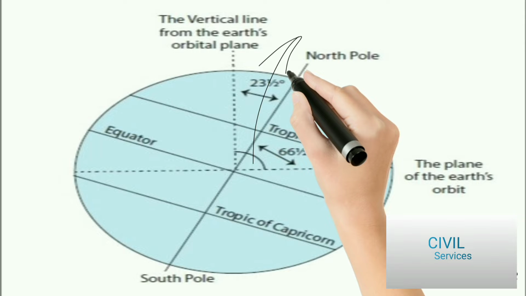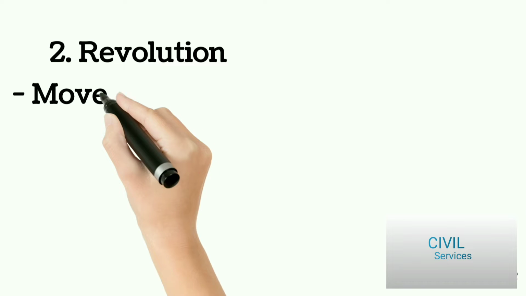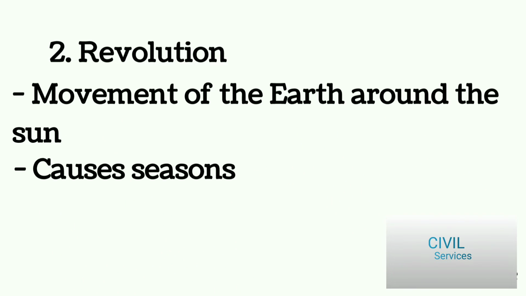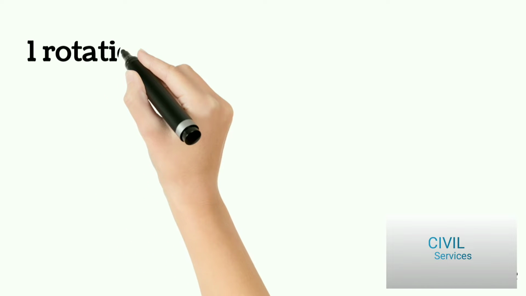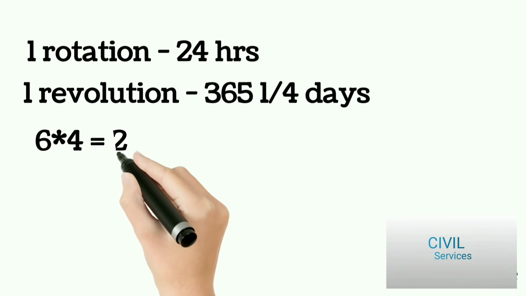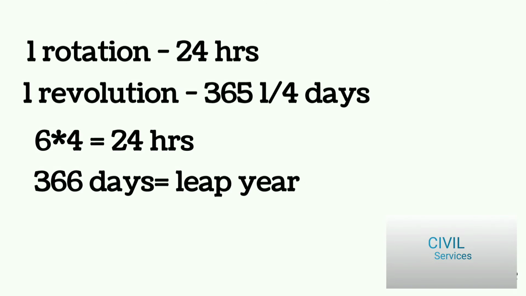The second motion of earth is revolution, which means earth moves around the sun in orbit, and this movement of revolution causes seasons on the earth. Usually earth takes 24 hours to complete one rotation and 365 and 1/4 days to complete one revolution around the sun. For our convenience, we consider 365 days as a year, and we ignore these 6 hours.